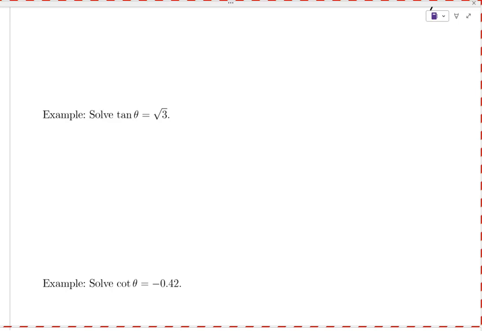What angle are you looking at? Pi over 3, because the sine's in the numerator, so the root 3 has to be in the numerator. So you have to have root 3 over 2 divided by a half, so it has to be the pi over 3 piece. Okay? So theta will be pi over 3. And in this case, we can just add multiples of pi, and we're done. We don't have to do the multiples of 2 pi, because the tangent's period is pi.